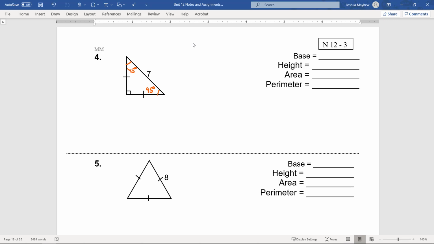So to go from the hypotenuse to leg, divide by rad 2. So 7 divided by rad 2 is that leg, and 7 divided by rad 2 is that leg. We're just going to say the base is approximately 4.95 units. The height is also approximately 4.95 units.